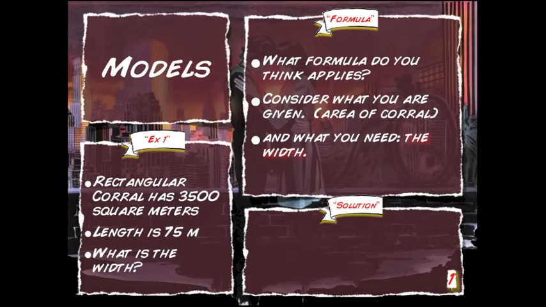The formula is length times width equals my area. And so you have 75w equals 3,500. If I divide on both sides by 75, I get 3,500 divided by 75, which ends up being 46.7, which is exactly the width of that rectangular corral.